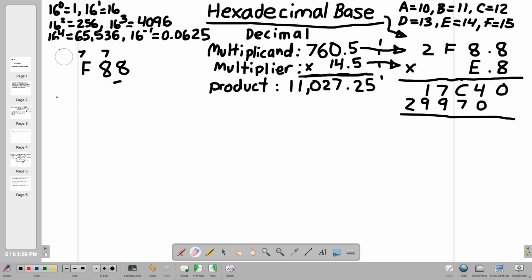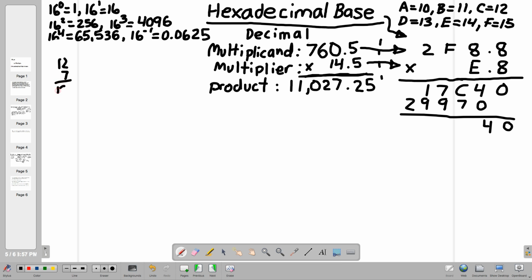Okay, so our next step is that we have to add the columns to produce our results. So what we'll do is always start from the least significant column. So in this column here we have 0. The next column we have 4 and 0. That's a value 4. The next significant column is C plus 7. Now C in decimal is represented as 12, and you add 7 to it, you get 19.